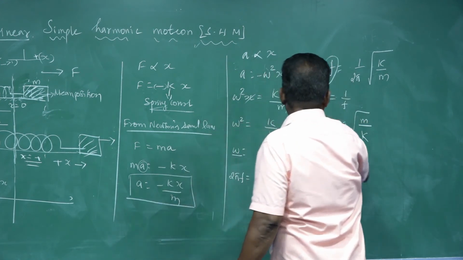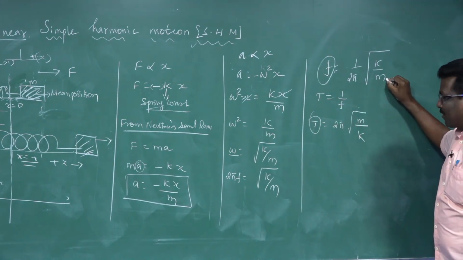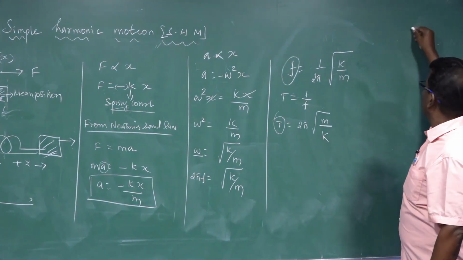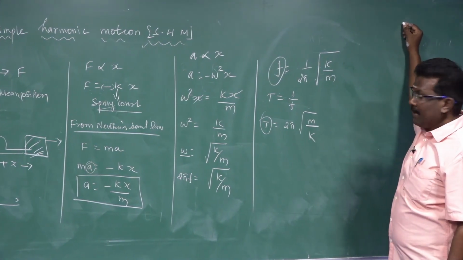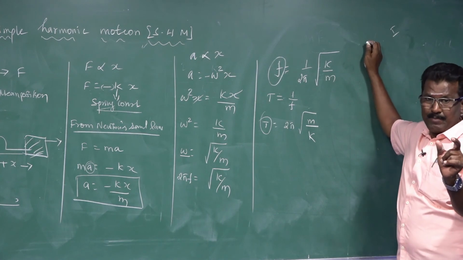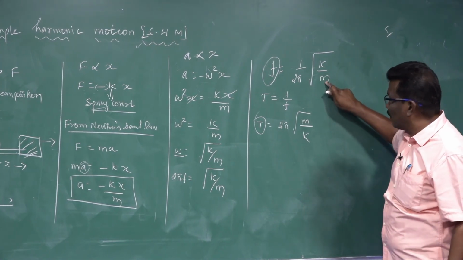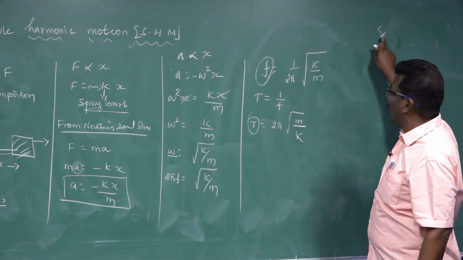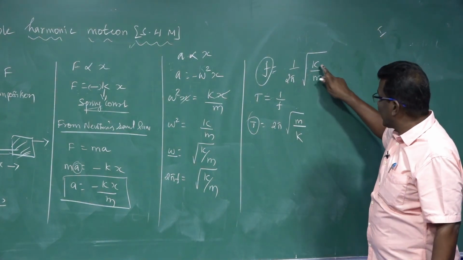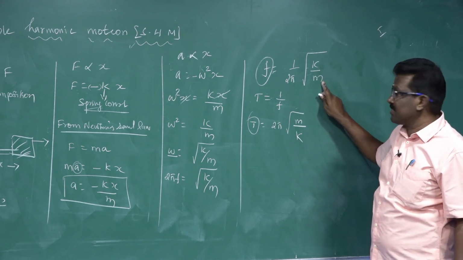Both the time period and the frequency obey the inertial constant, and for angular motion we use I by k, where I represents the moment of inertia about the mass. Here the mass is used in linear motion; in angular motion it is the moment of inertia. So k is the spring constant, m the inertial constant.